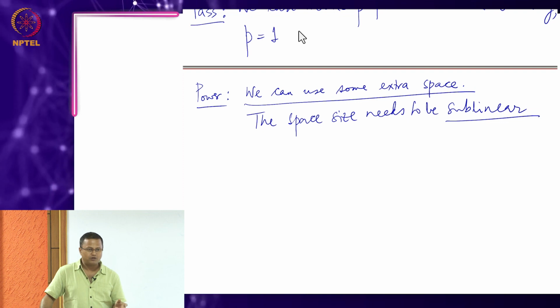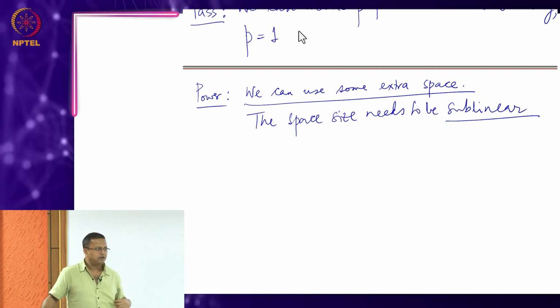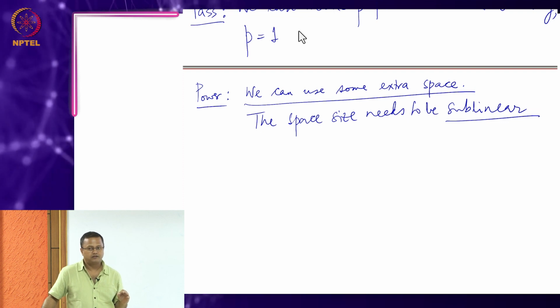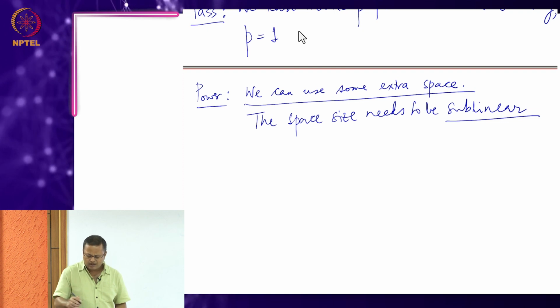If the router is allowed linear space, it will store everything and then it can compute anything. So, the holy grail is sublinear space.